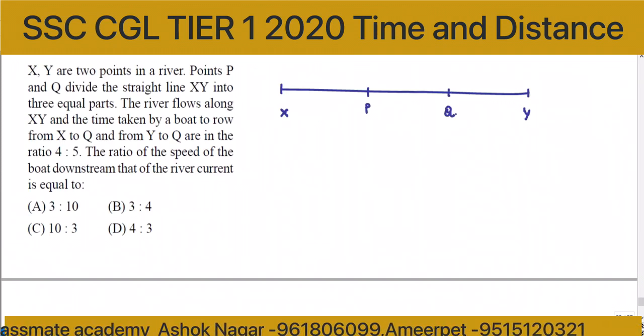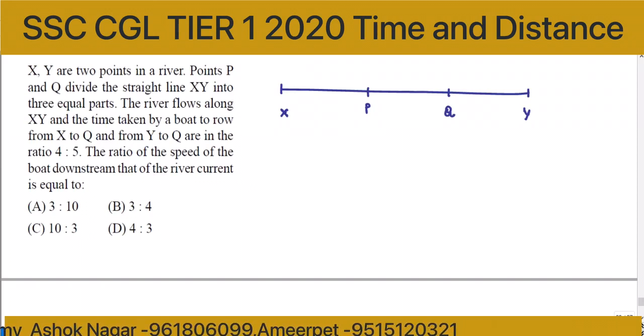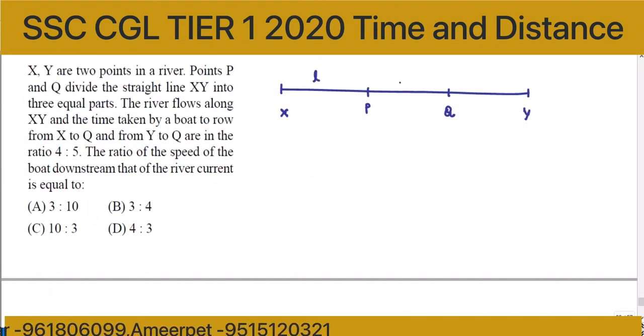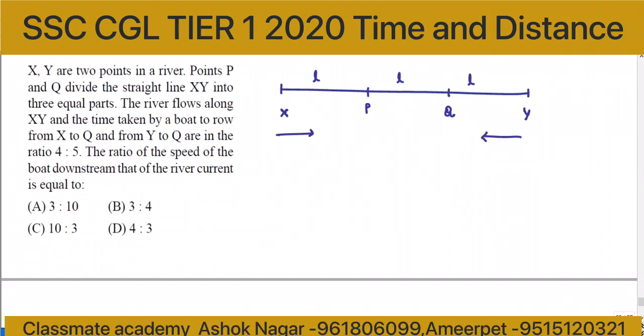So P and Q divide the straight line XY into how many equal parts? 3 equal parts, which means the distance L, distance L, distance L, right? Here downstream, here upstream. Is that clear? The river flows along XY. That is the reason from left to right, downstream, from Y to X, upstream, right?